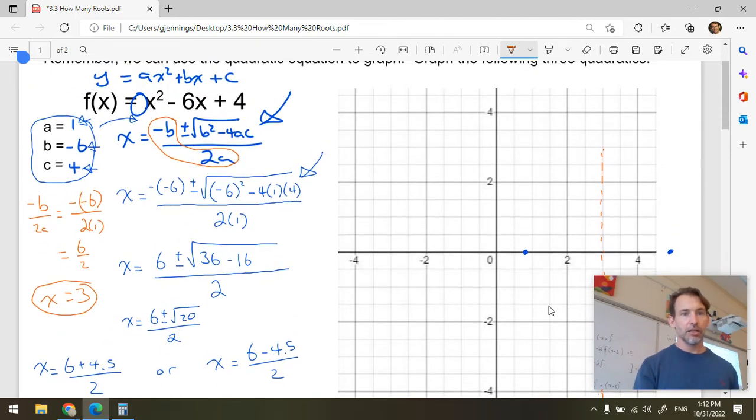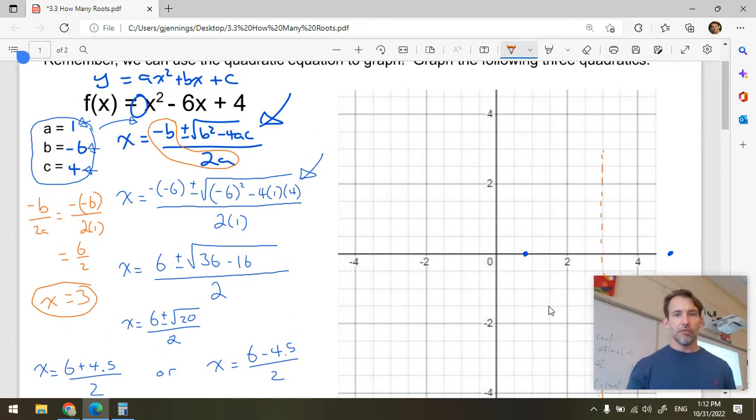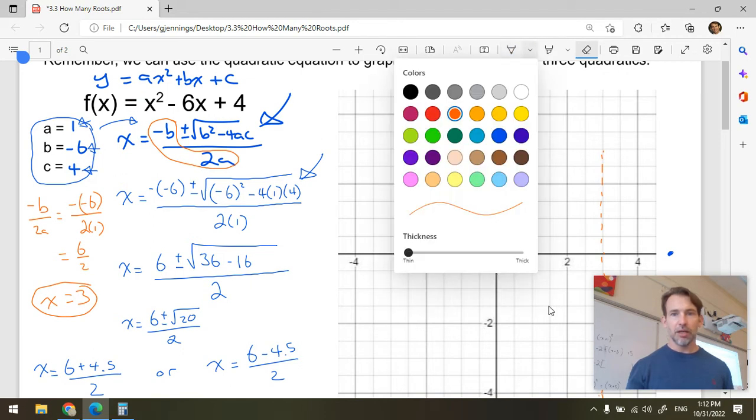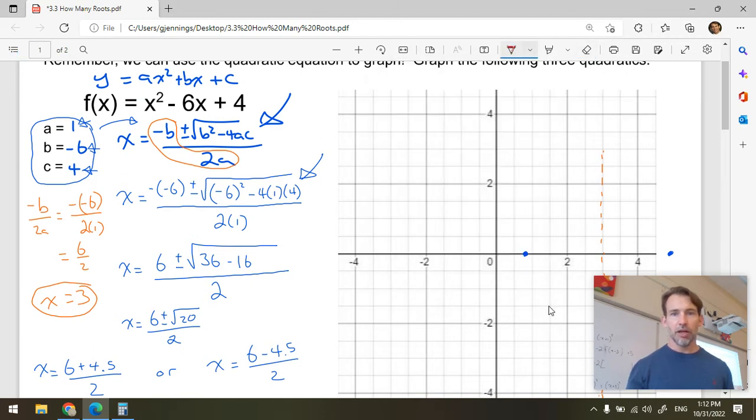Let's put that in. So if I take this function over here, f of x, and I copy it out, let's do this in red. Over here, f of x is equal to x squared minus 6x plus 4. And I know that x equals 3 will be the x value of the vertex.